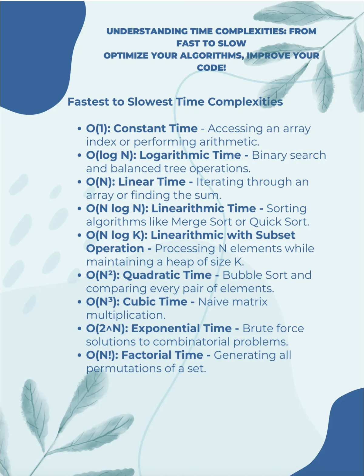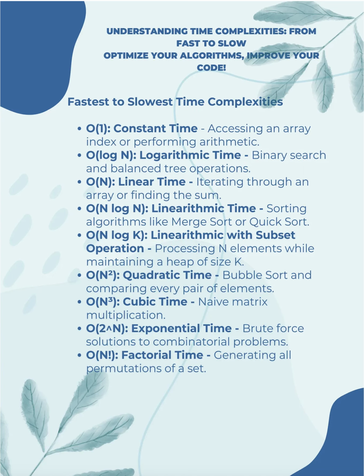Balanced binary search trees like AVL trees also have O(log n) for operations like insertion or lookup. These algorithms are fast because they reduce the problem size exponentially at every step.